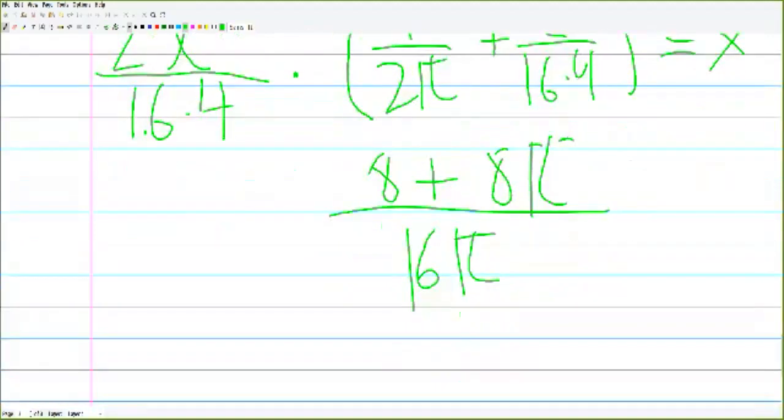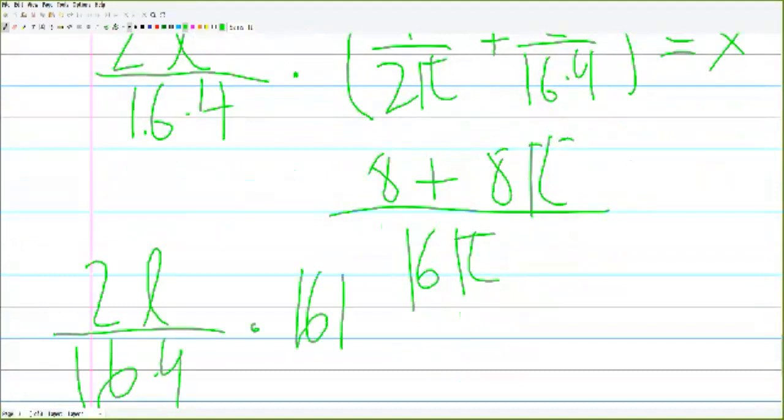And then we multiply this 2L over 16 times 4, okay, times 16 pi, because it was on a -1, over 8 plus 8 pi.